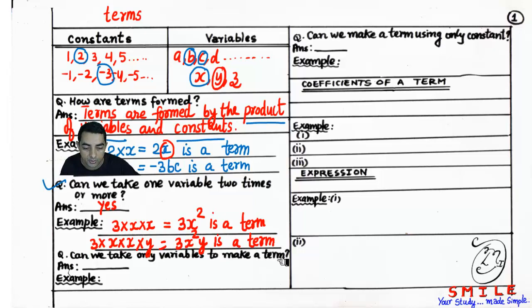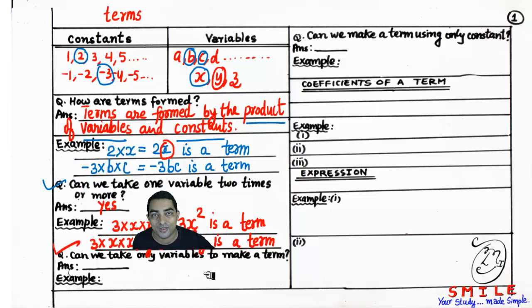Now let us come to the next question students often ask: can we take only variables to make a term? Let us see. The answer is again yes. For example, I'll take x multiplied by y.